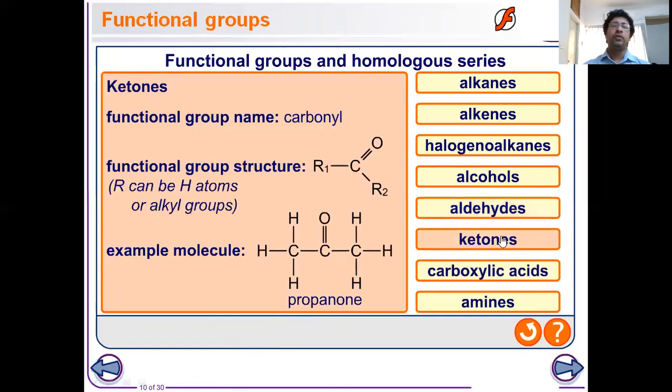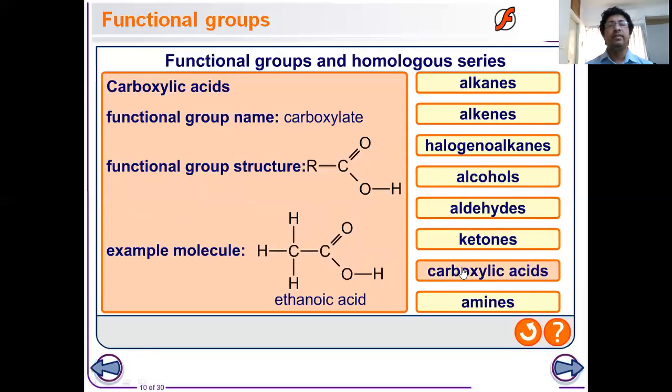Then ketones, their functional group is CO. The difference between aldehyde and ketone is that ketone does not contain any hydrogen atom with CO. And in ketone, CO will always be present in the middle of the molecule. But in aldehyde, CHO is always present at a terminal of the molecule, not in the middle. And here the ending is always -one. For example, propanone.